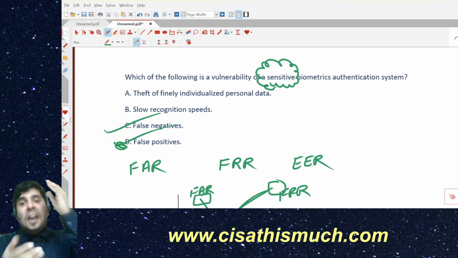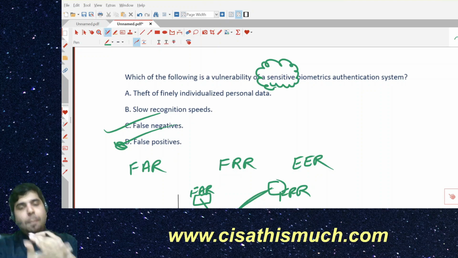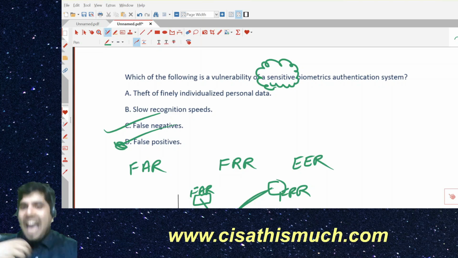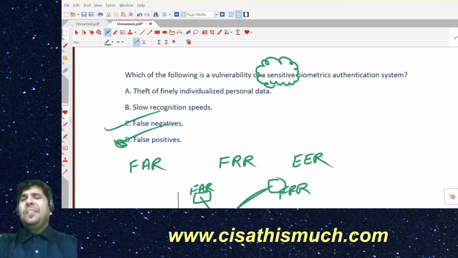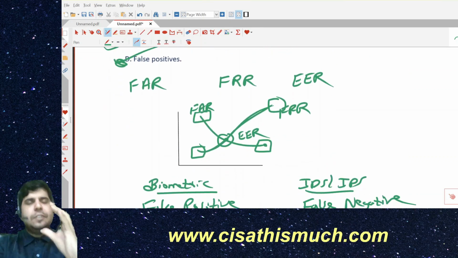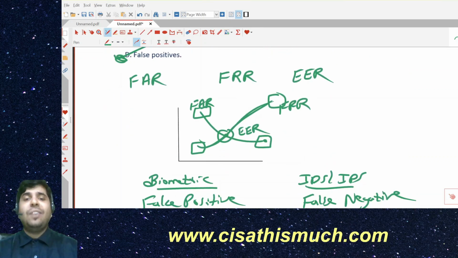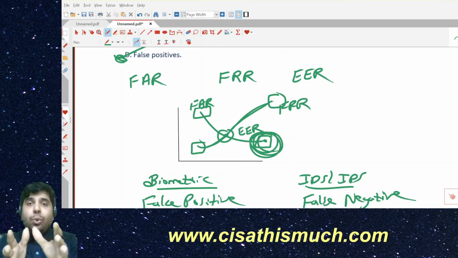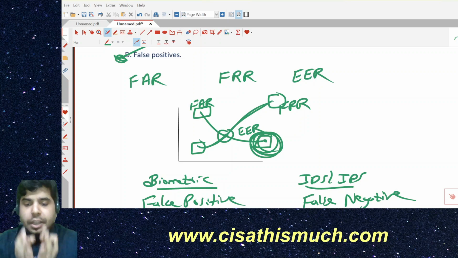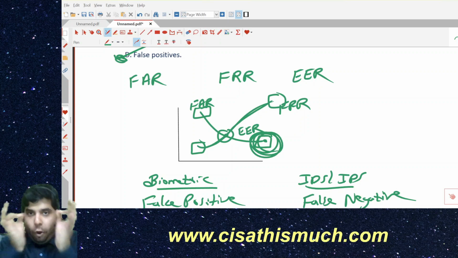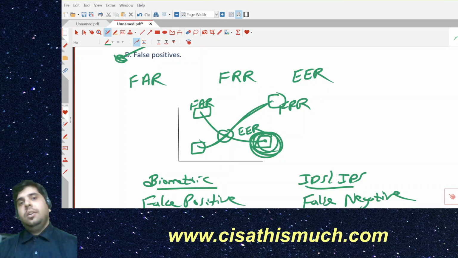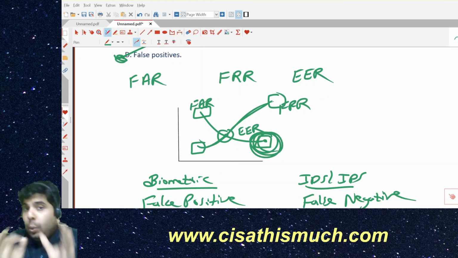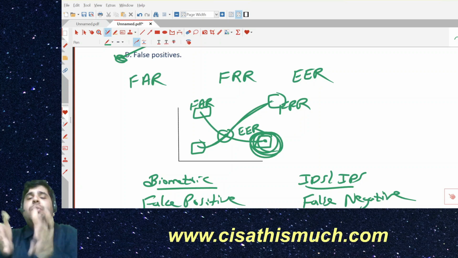When I use the word sensitive, it means the system is very accurate, so it will have the lowest false acceptance rate, because the device is so sensitive that it gives accurate results. But then there is a high chance of false rejection rate.